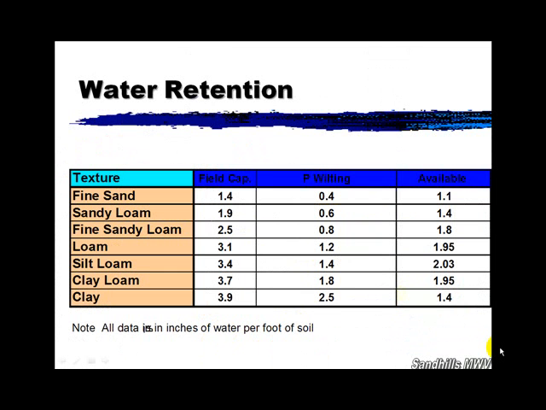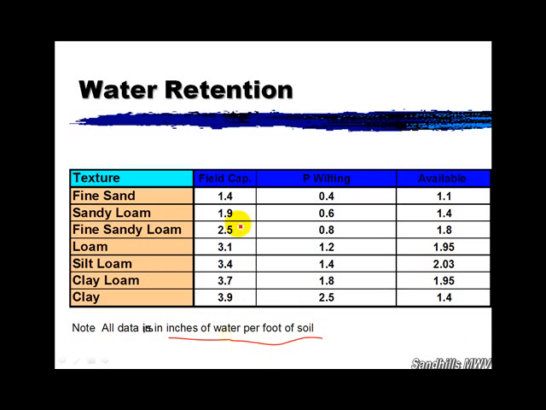So when we did our water calculations, water retention, our moisture percentage, we did a conversion where we converted that to inches of water. This is an interesting graph just for thinking about how different soils act and how sand changes the available water for plants. This data is all in inches of water per foot of soil.